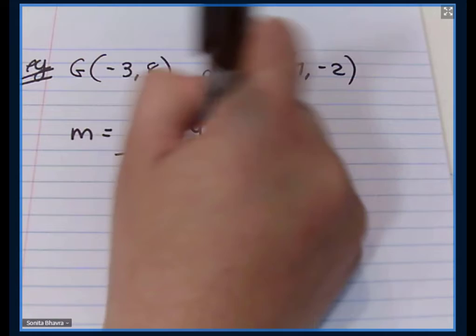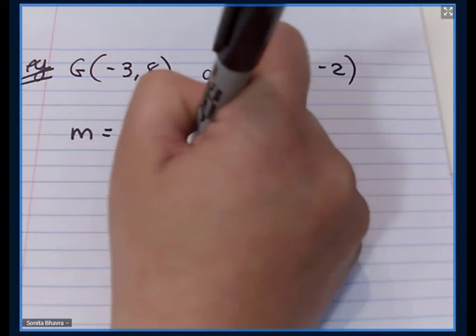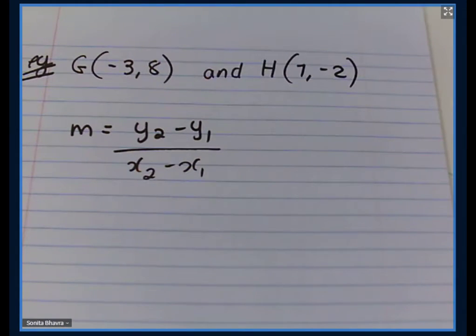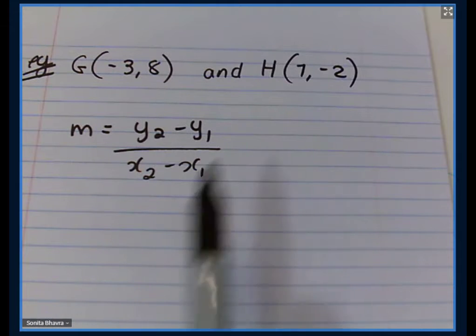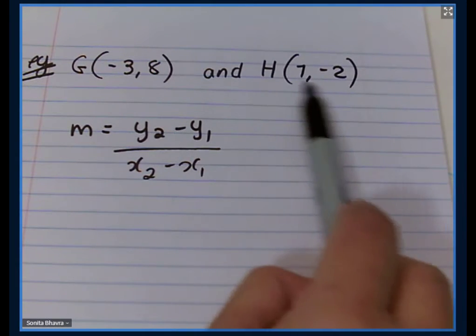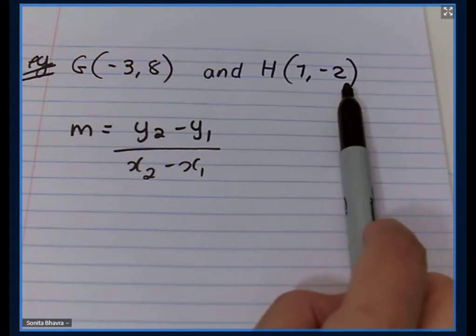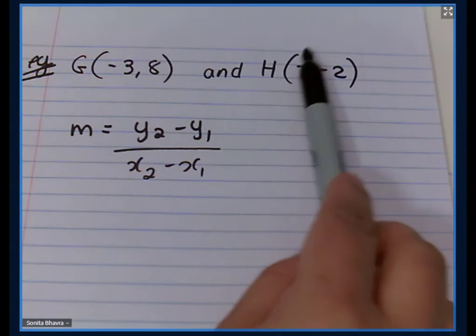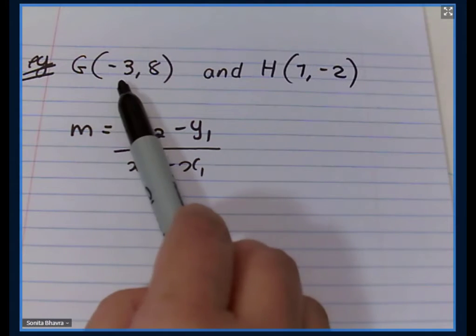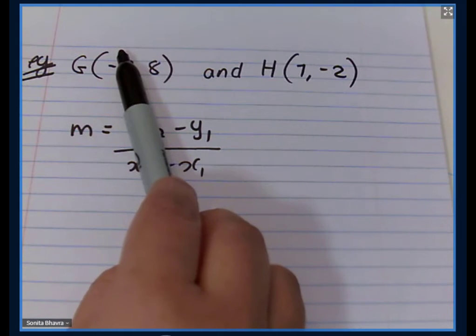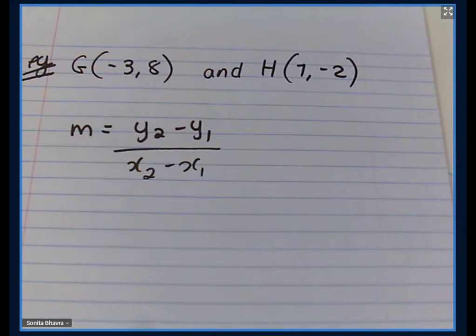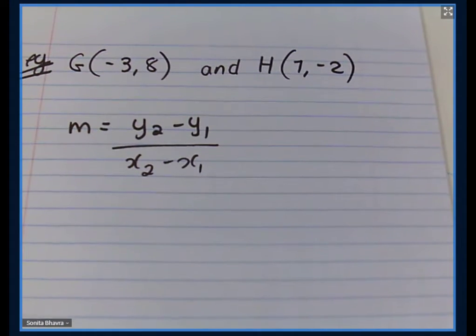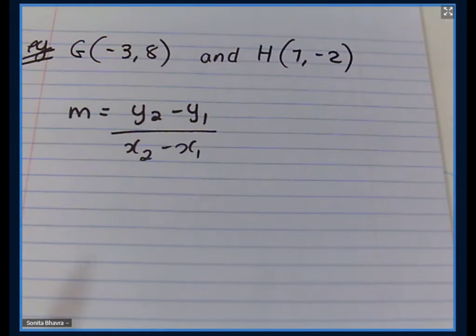All right, so we're going to use our slope formula: y2 minus y1 over x2 minus x1. If you're using these points as x1, y1, then make sure you're consistent, that this is x2 and y2. So just be consistent when you are putting these values into the formula.